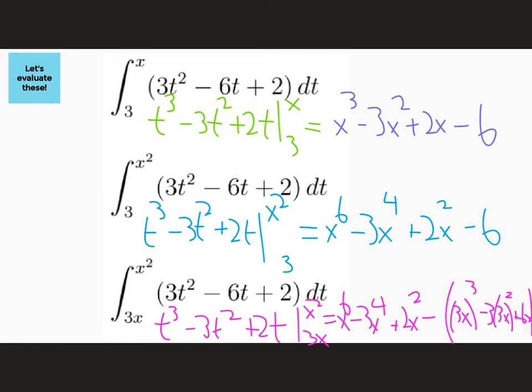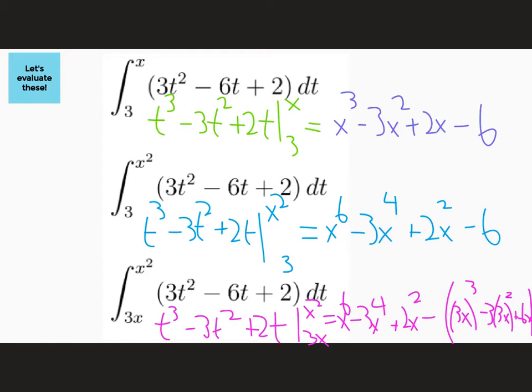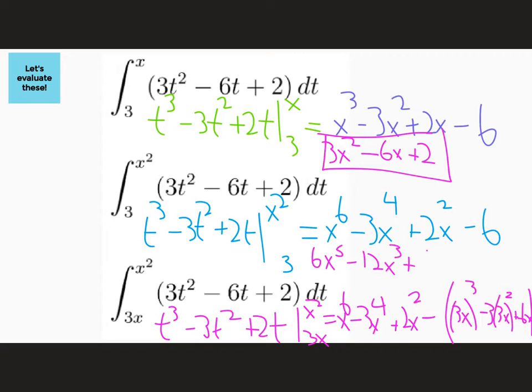All right, so I did those. Let's take derivatives of what we did. Boom, I recreated them all. The derivative of this one is 3x squared minus 6x plus 2, because the 6 goes away. The derivative of this next one is 6x to the 5th, 12x cubed, 4x.